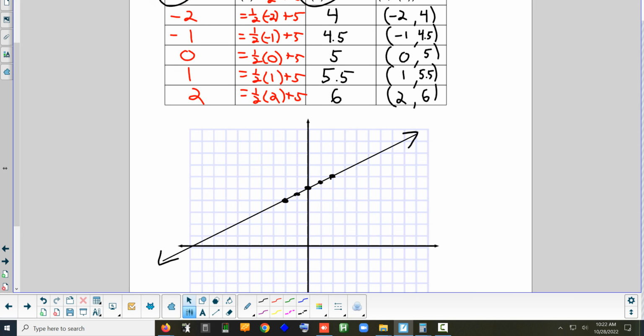Especially, it might start to get kind of squished together. Depending, like these points are all really close. So if I was going to try to write coordinates for all these, I'd have to put them pretty small. But if you've got the table, that's why I have the table separate. That way you've got plenty of room to write them down and plenty of room to do the graph without it all squished together. Yeah, so that's okay.